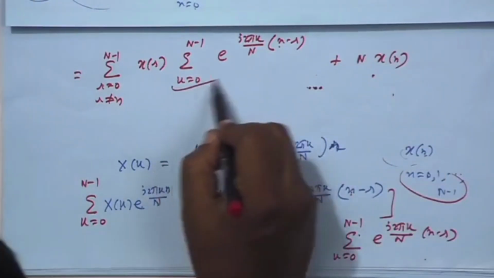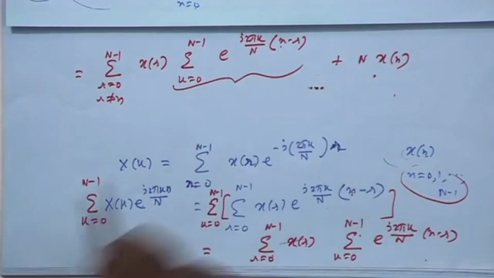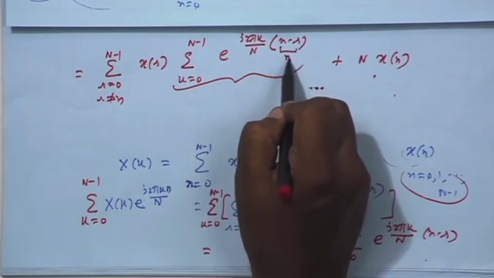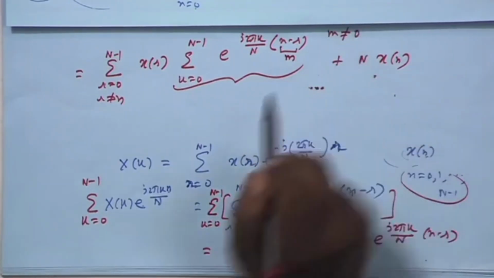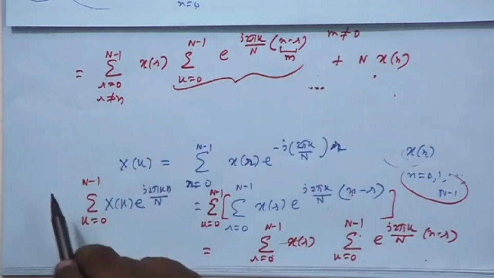Now, what happens to this series? It is a GP series. This is n minus r, you can call it m, and m is non-zero because r is not equal to n in this summation.